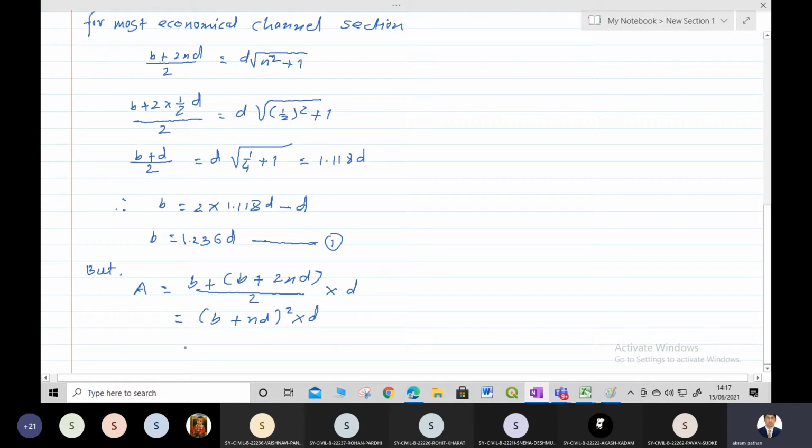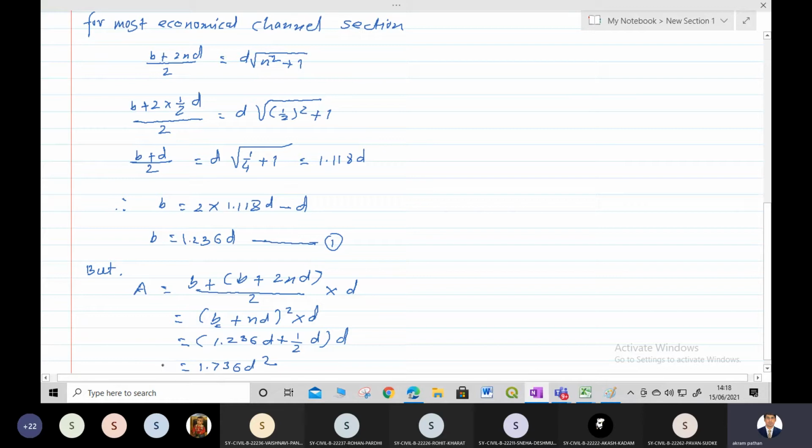Now this will be equal to 1.236 of d, because the value for b is 1.236 of d, plus the value for n, that is side slope 1:2, into d. Now this will be equal to 1.736 d square.